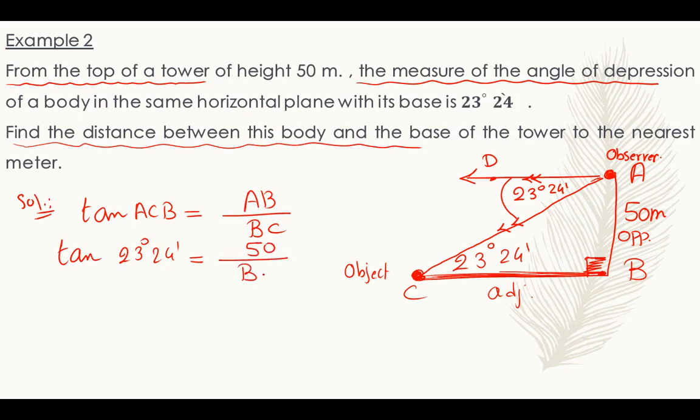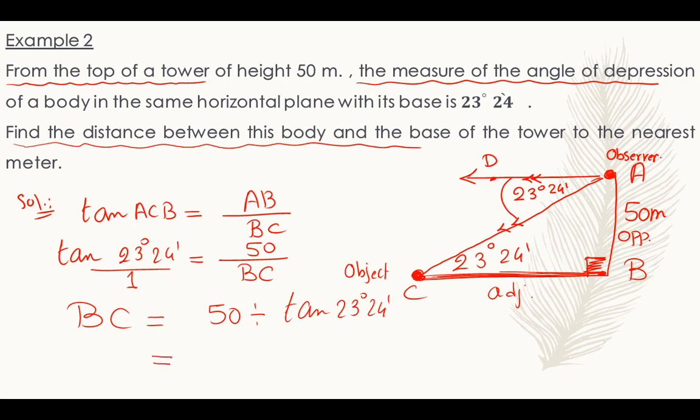We want to find its length, so we write BC by using cross multiplication. BC equals 50 divided by tan 23 degrees and 24 minutes.